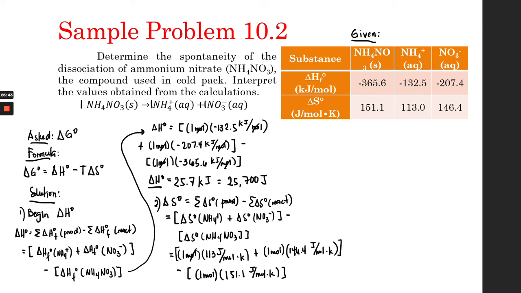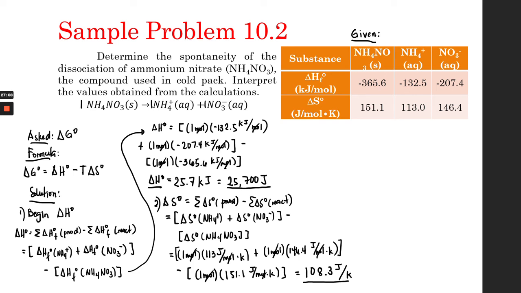As you can see, we can cancel the moles because one is in the numerator here, one is in the denominator here, and what you're left with is actually equal to 108.3 joules per Kelvin.